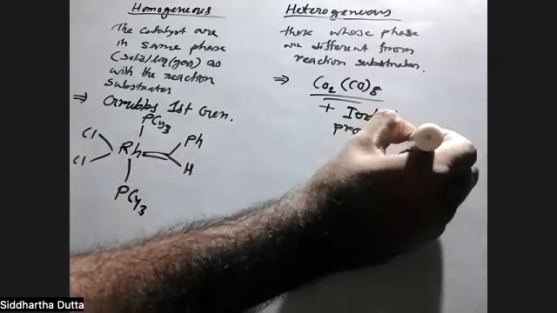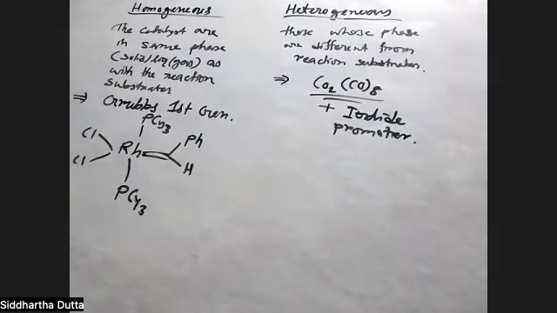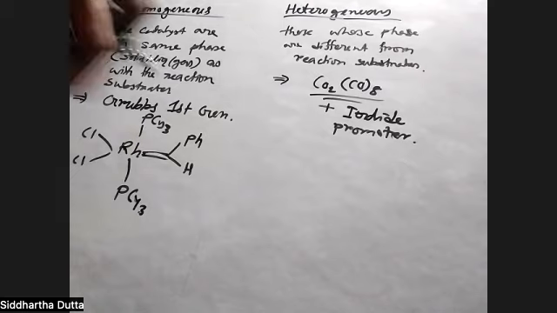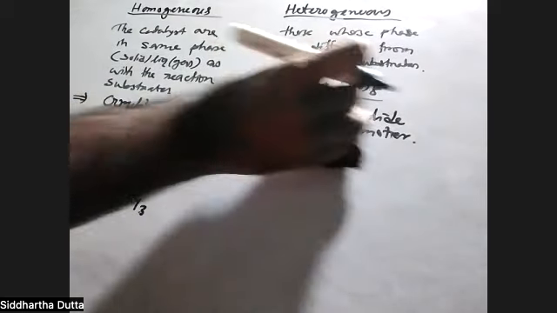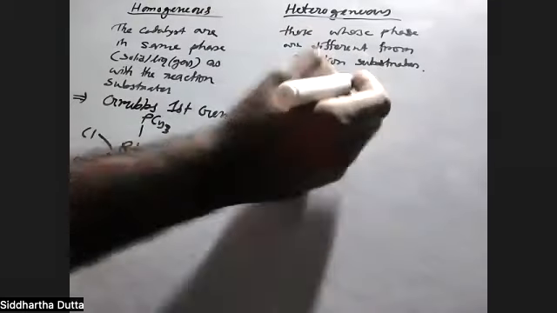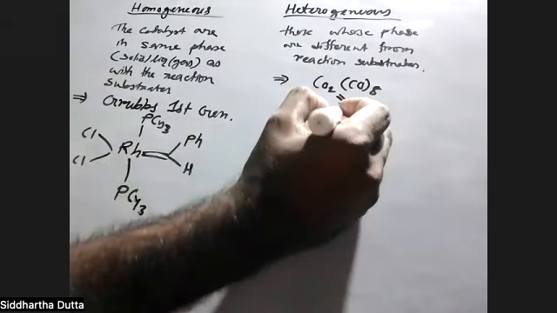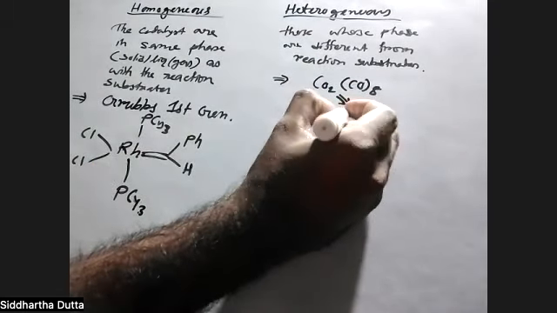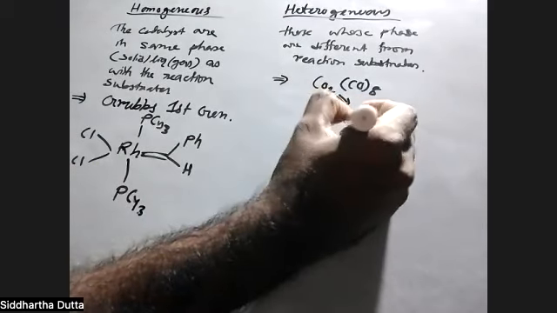The active form of this involved in the reaction is HCo(CO)4. This is the active form. This is the example of hydroformylation.